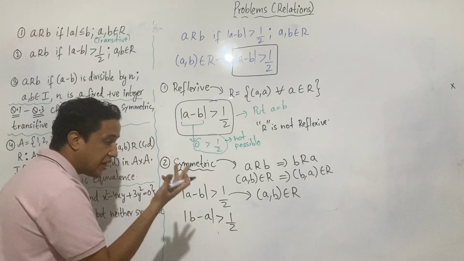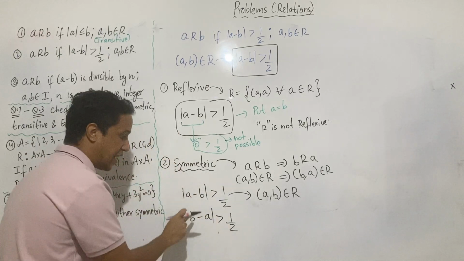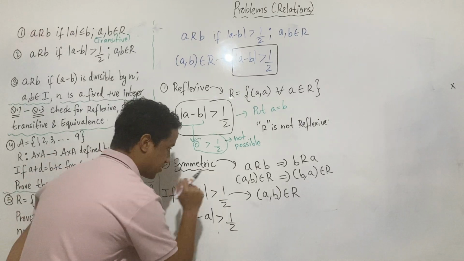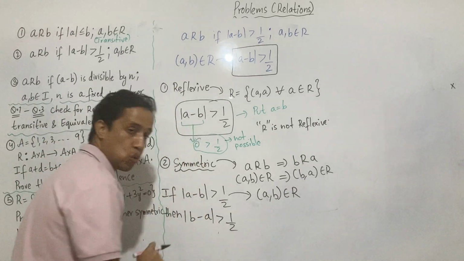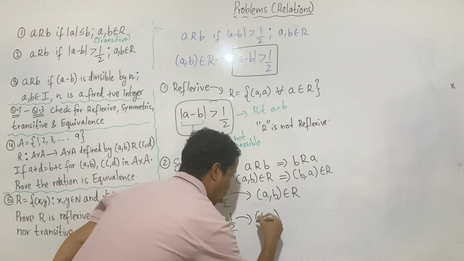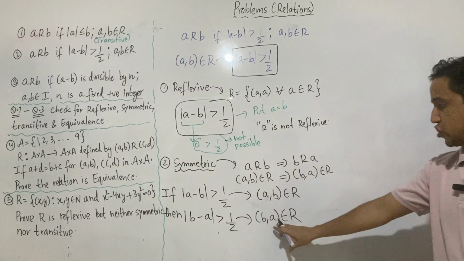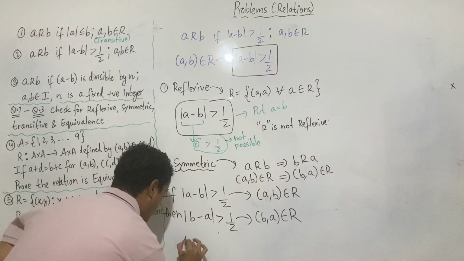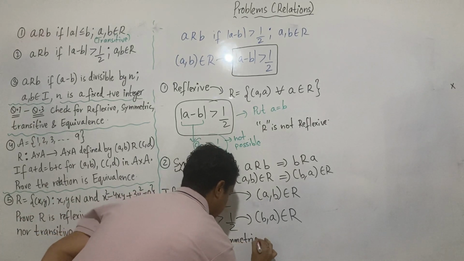So it doesn't matter whether it is A minus B or B minus A. If mod of A minus B is greater than 1 by 2, then mod of B minus A is also greater than 1 by 2, which says that the ordered pair (B, A) is in the relation, or B is related to A. So A is related to B, B is related to A, which means that R is symmetric. I hope you understand it.